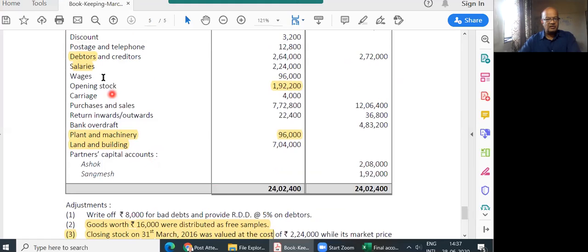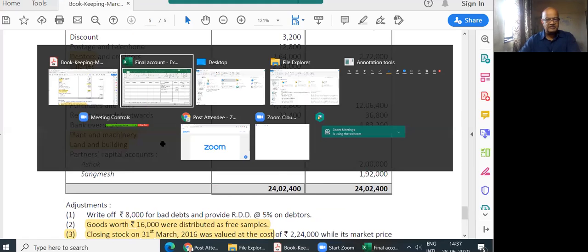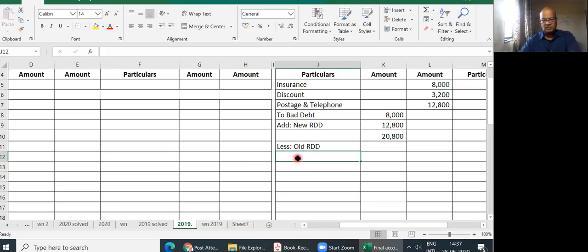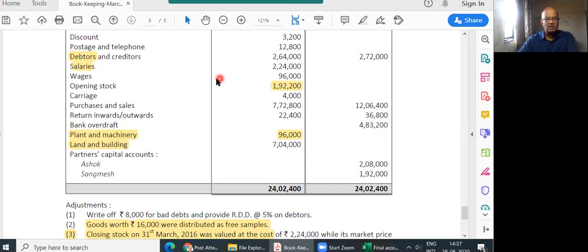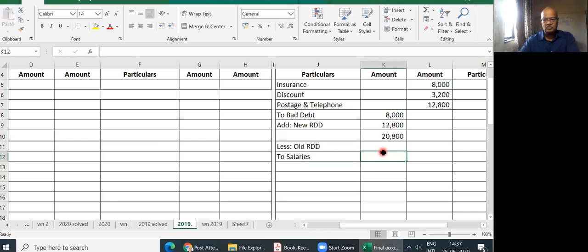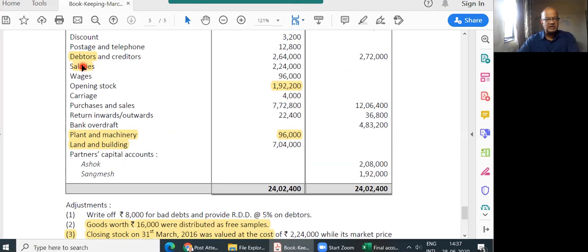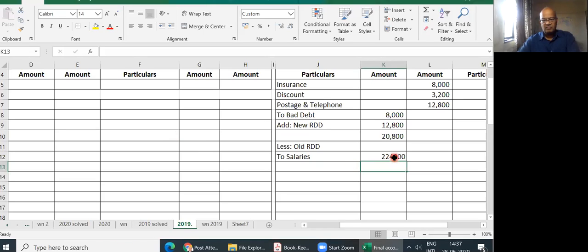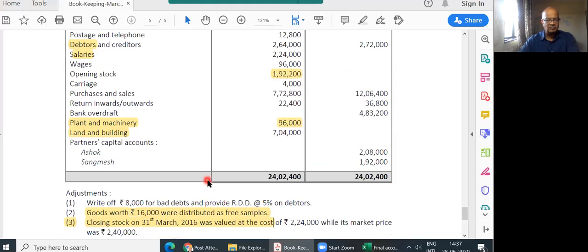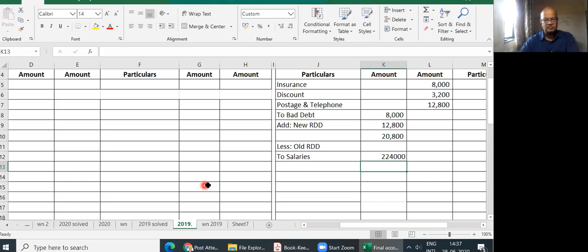Then after this we have salaries. The amount of salaries is 2,24,000. Since we have highlighted it, there is an adjustment written in the inner column. How much salary is outstanding? 8,000.